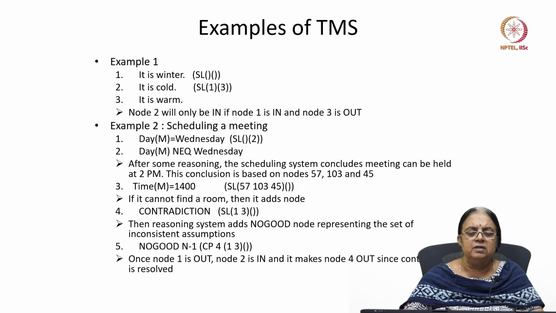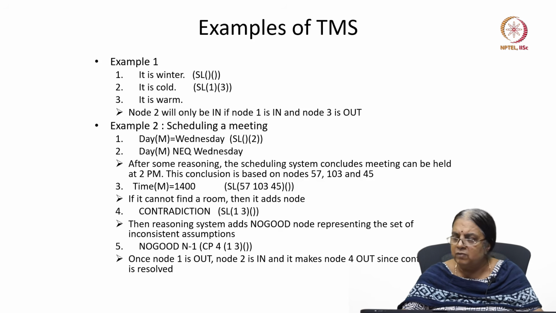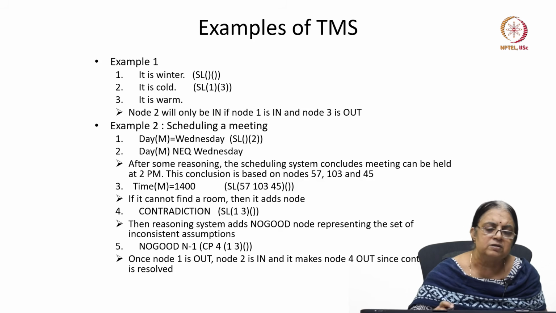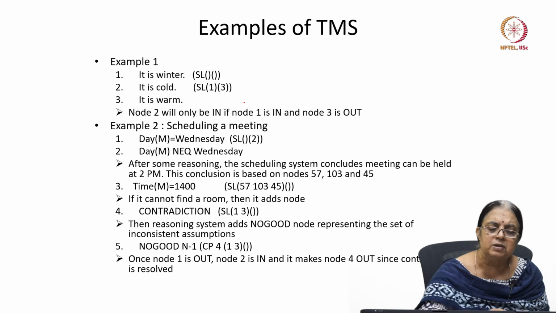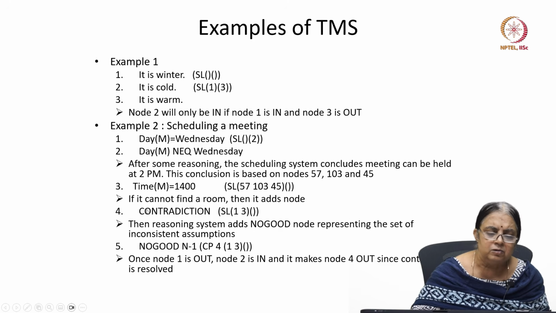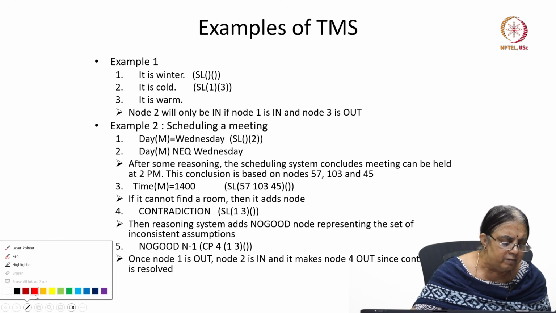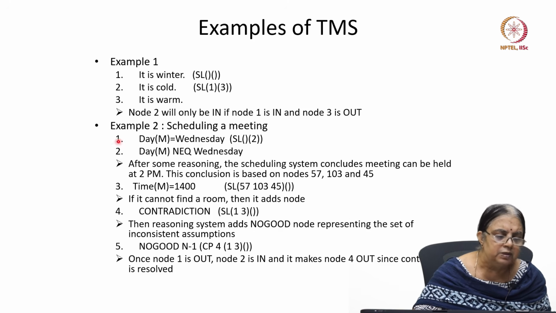So let us take this particular example of the truth maintenance system, right? A very small piece of code is given over here. The first statement says it is winter, and that doesn't have anything in the support list.